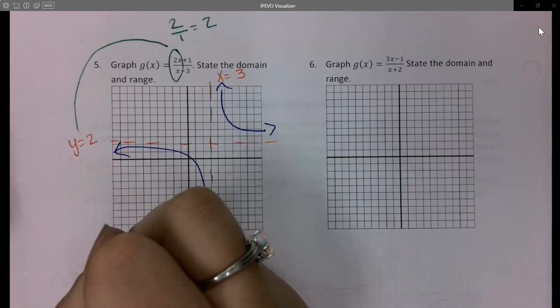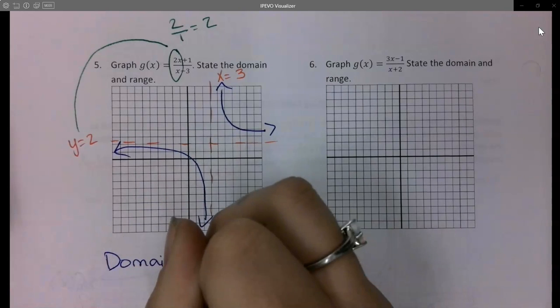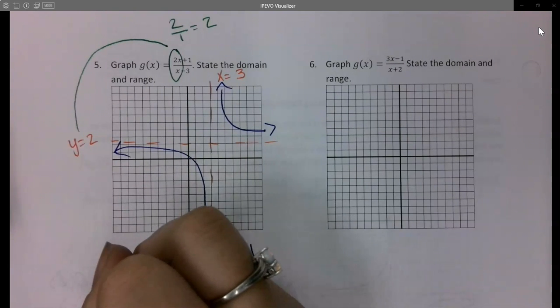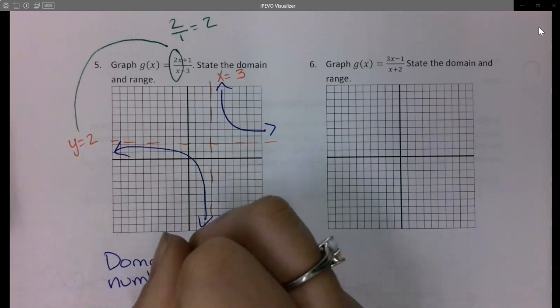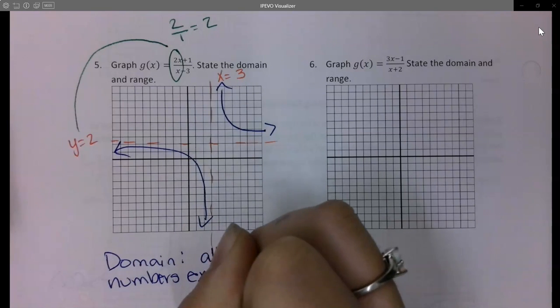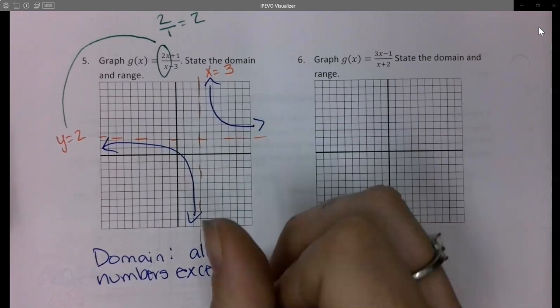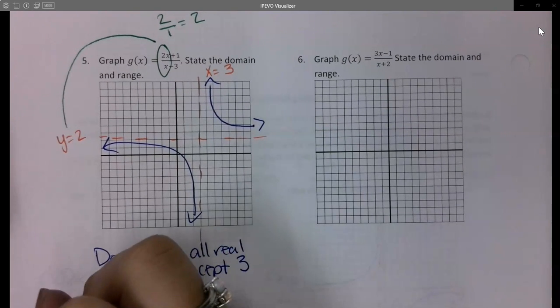So on this one, what is my domain? And my range?